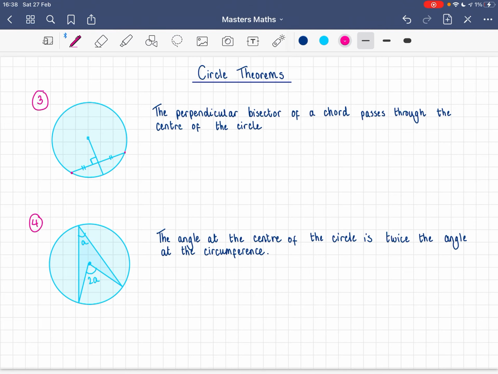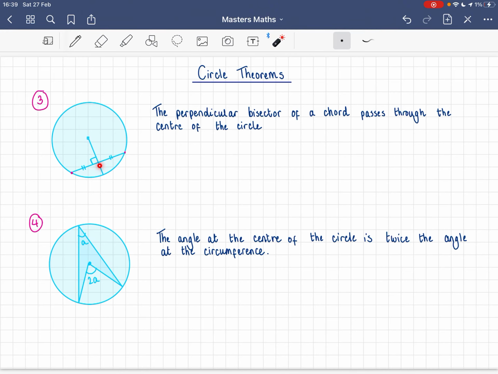That's the bisector part of it. If you're bisecting it, you're cutting it in half into two equal pieces. And it's perpendicular because it's crossing it at a right angle, which is why we have this right angle here. So this line here is the perpendicular bisector. It is cutting our chord in half, and it is meeting it at a right angle.